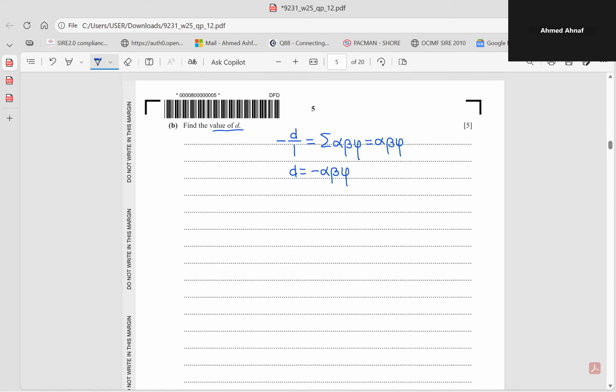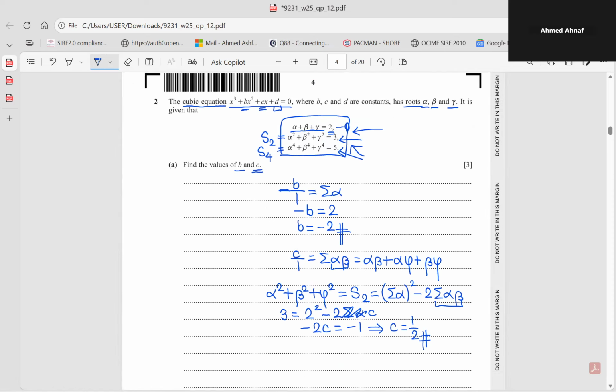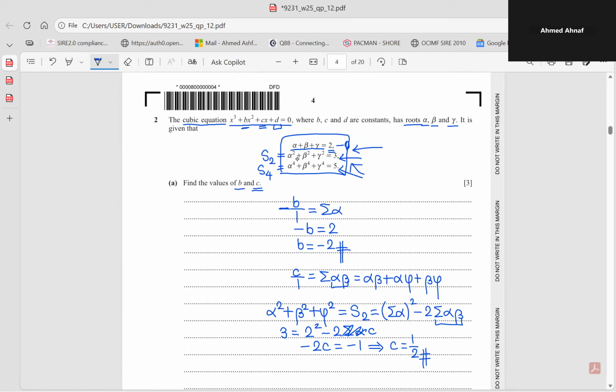To find alpha beta gamma in any of these equations, we have already used the second equation. We don't have such a term, so we have no choice but to use the fourth equation. However, for S4 there is no general term. So we're going to have to substitute S3, S2 into the cubic equation.